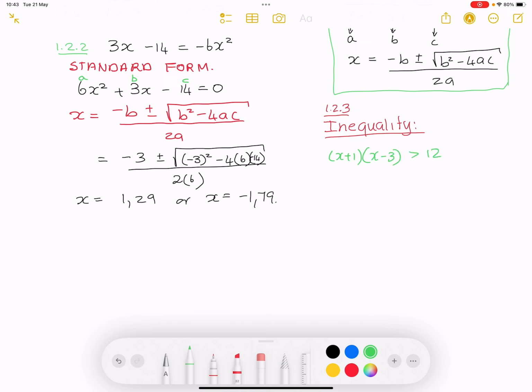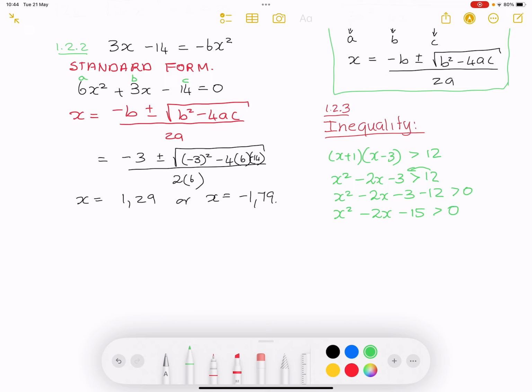So I multiply the brackets out. That gives me x squared minus 2x minus 3 is greater than 12. Then I'm going to bring the 12 over. So x squared minus 2x minus 3 minus 12 is greater than 0. And then you have x squared minus 2x minus 15 is greater than 0.